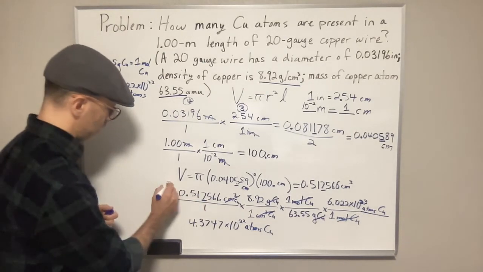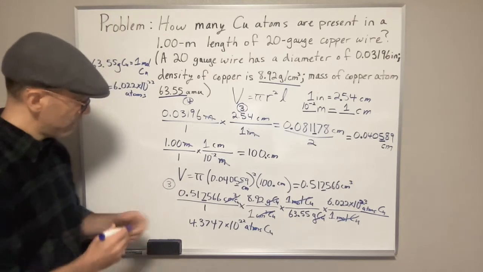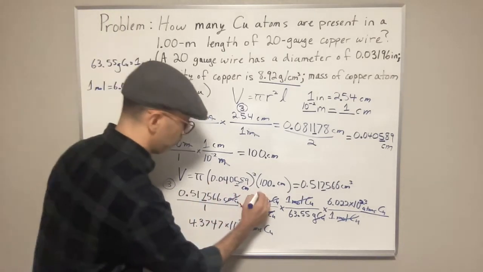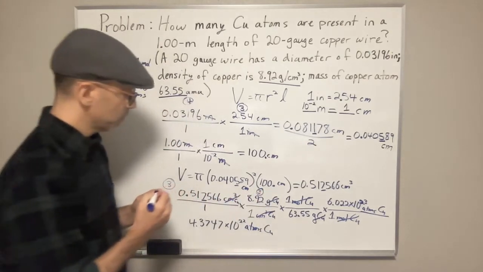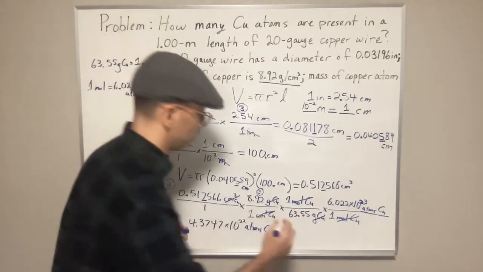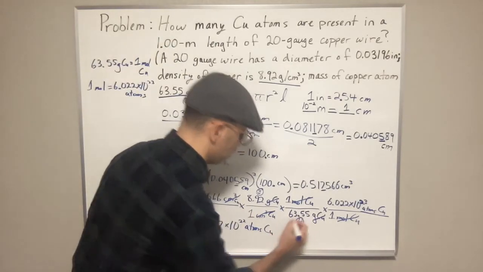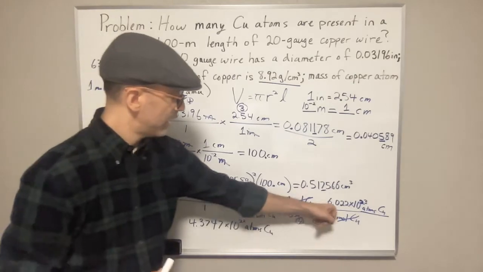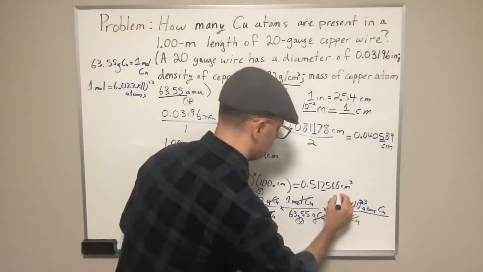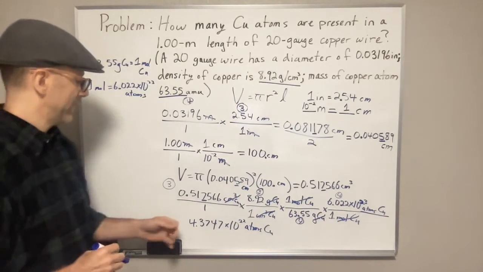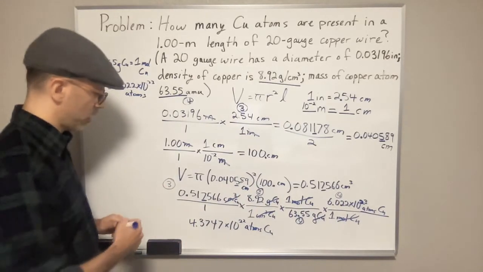So that has 3 sig figs there. Here they gave us the density, that has 3 sig figs as well. And they gave us the mass, that has 4 sig figs. That's the AMUs, the atomic mass. And here we have 4 sig figs as well. So the least number of sig figs is 3.